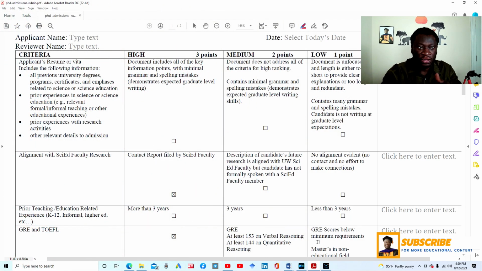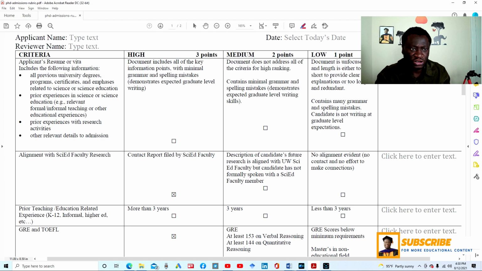What one of the rubrics looks like, and you can see the criteria and how they scored each candidate based on the criteria. Now you have high 3 points, medium 2 points, and low 1 point. And of course, there is a space to comment on other unique things.